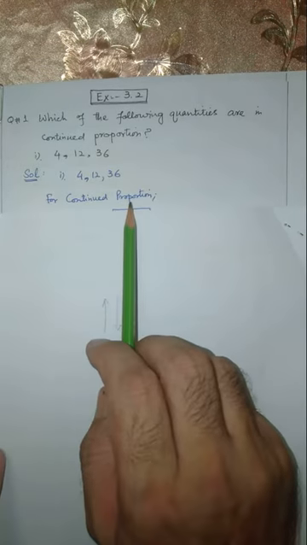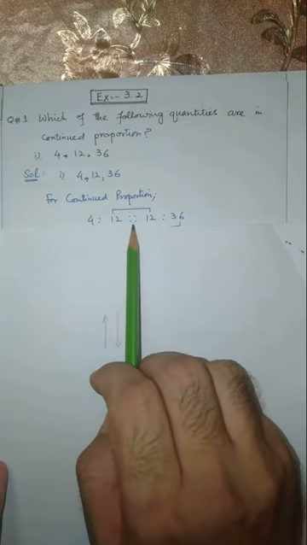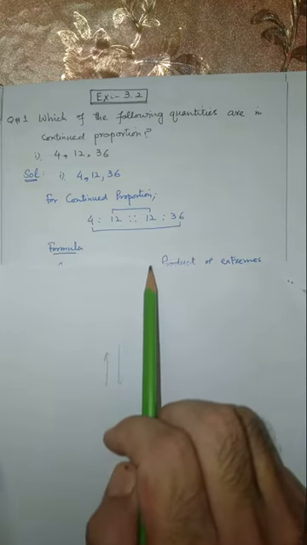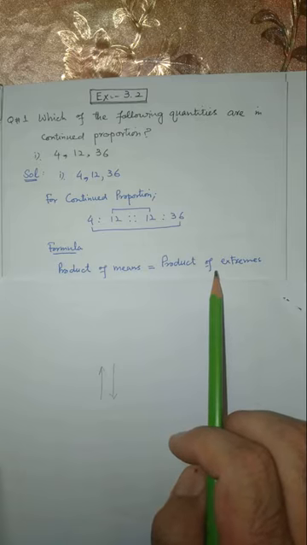For continued proportional, 4 : 12 :: 12 : 36. According to the formula, the product of means is always equal to the product of extremes.